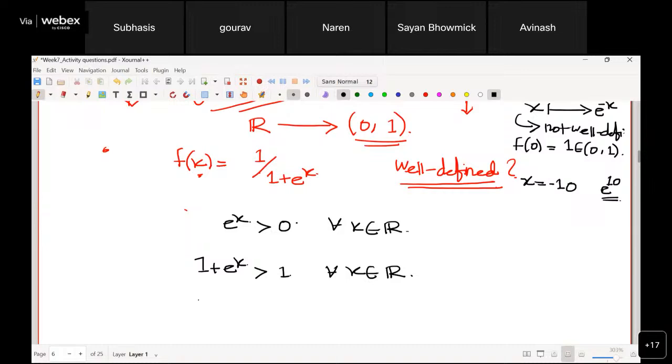Right? Yes, sir, true. Now you take the reciprocal. Oh, less than 1. Yeah, so you use this property.